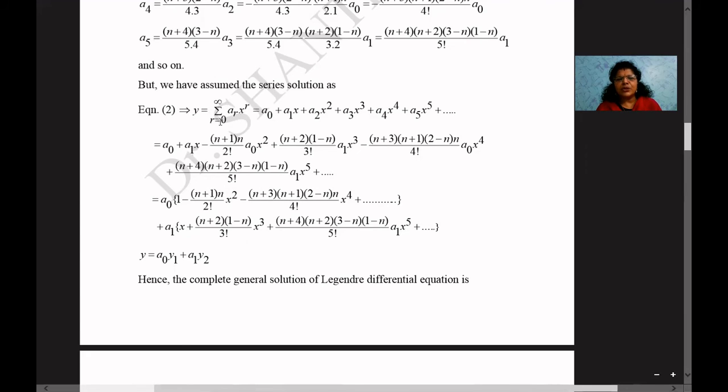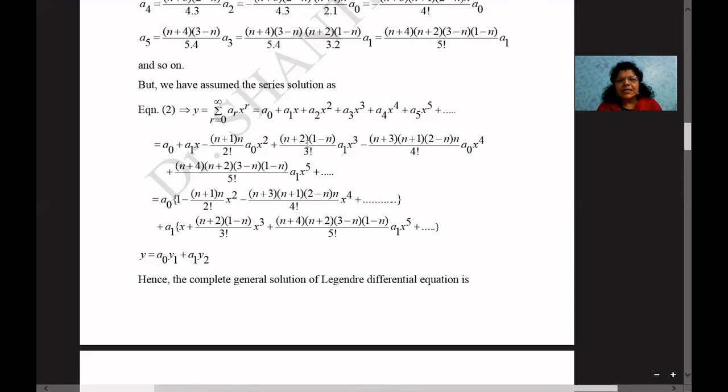When r is equal to 2, you will get A2 x power 2, that is A2 x square. When r is equal to 3, you will be getting A3 x cube, etc. Now substitute the values of A2, A3, A4, A5 from the above relations.